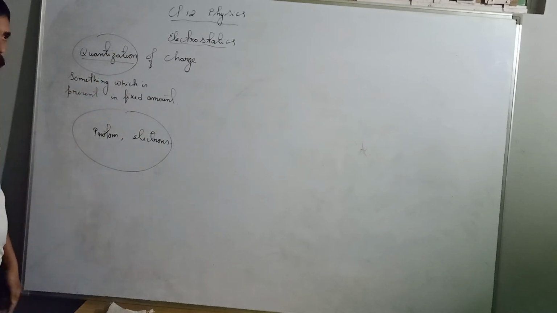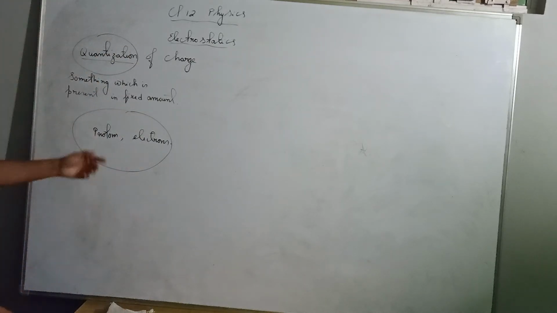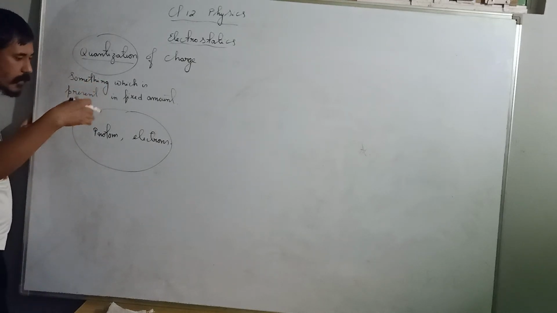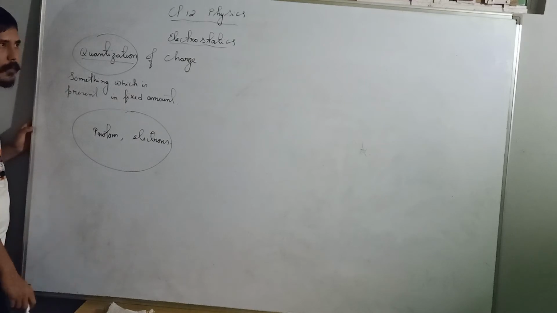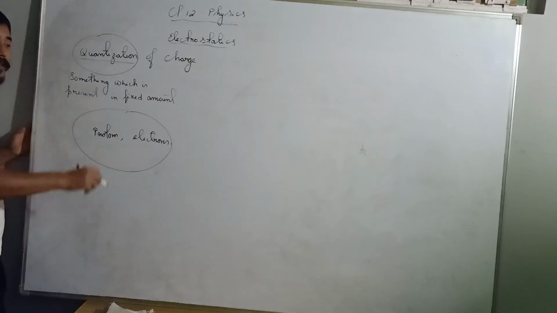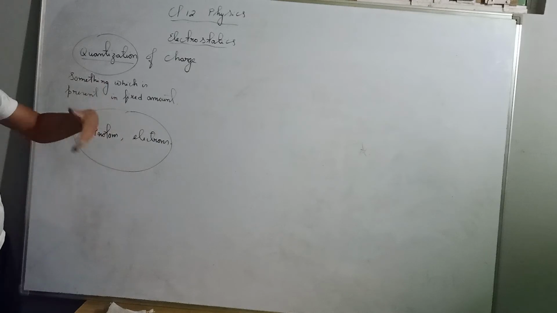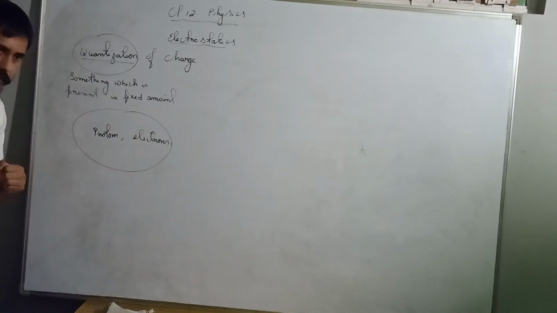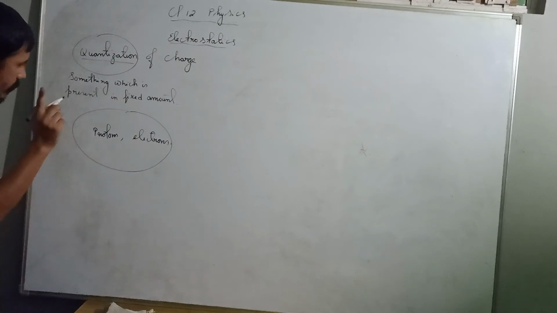That you will study in higher classes when you study physics. We call them elementary particles, like positron, neutrino, antineutrino. Those particles are also there. So there are some other particles which are quite smaller than protons and electrons. Is it okay?